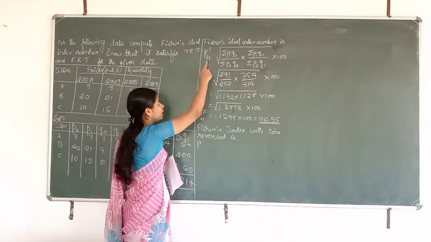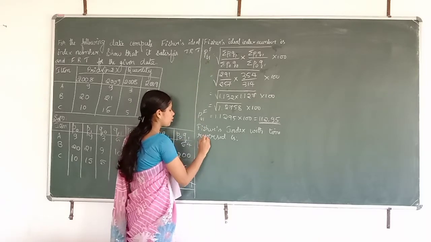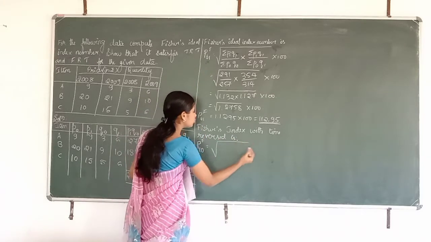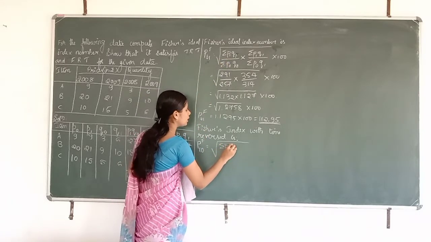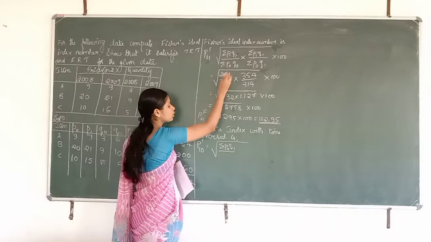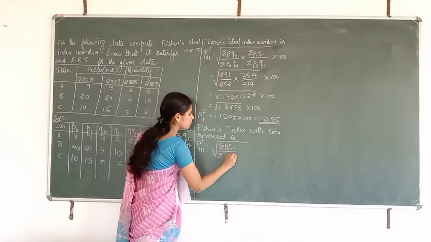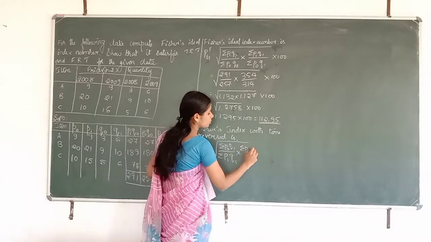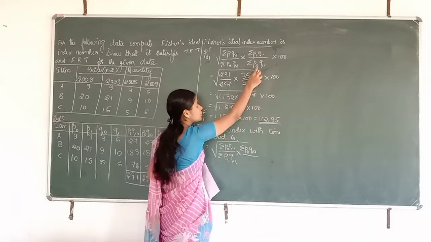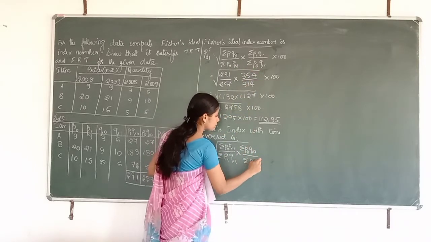So instead of P01 we are going to write P10 of Fisher's is equal to square root of P1 Q1 (Q0 will become P0 Q1) divided by P0 Q0 (will become summation P1 Q1) into summation P1 Q1 (will become summation P0 Q0) divided by summation P0 Q1 (will become summation P1 Q0).